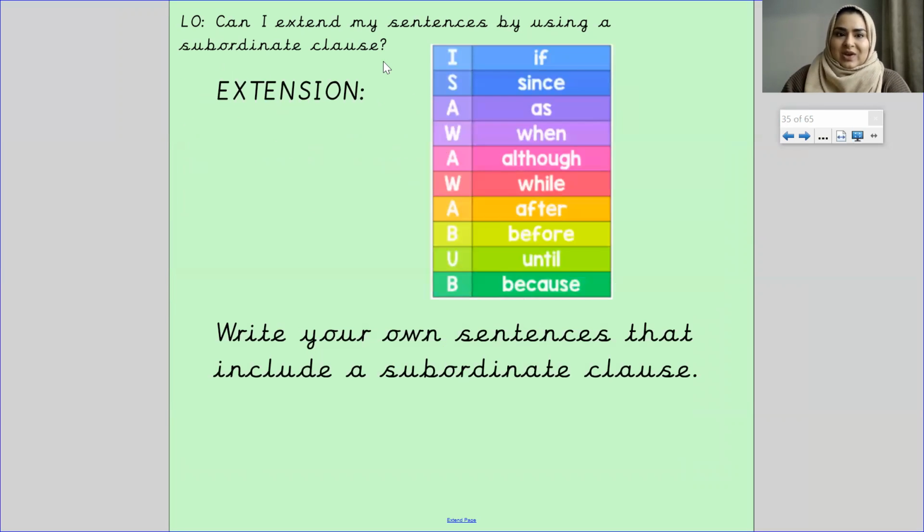Fantastic. And then you have an extension, and your extension is to write your own sentences that include a subordinate clause.